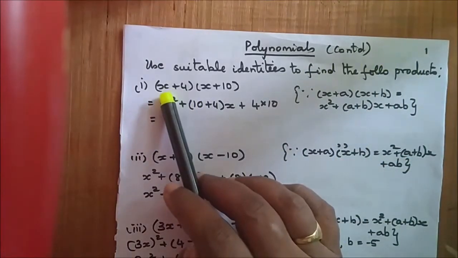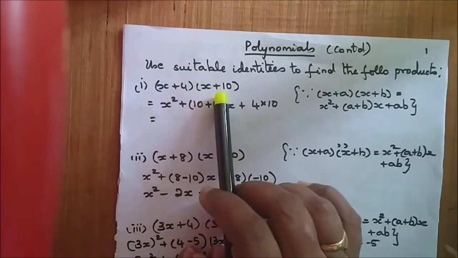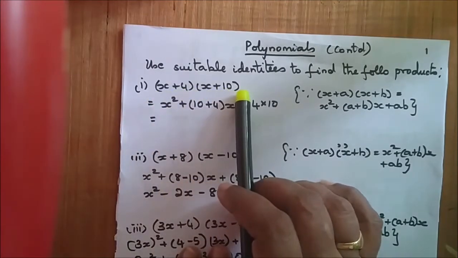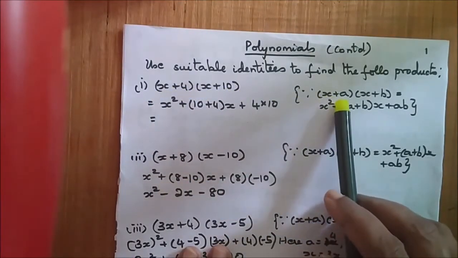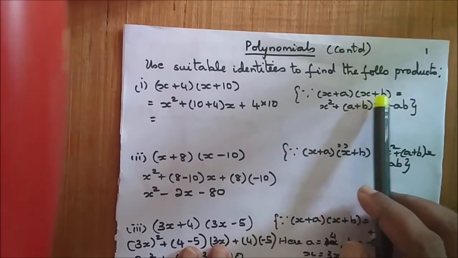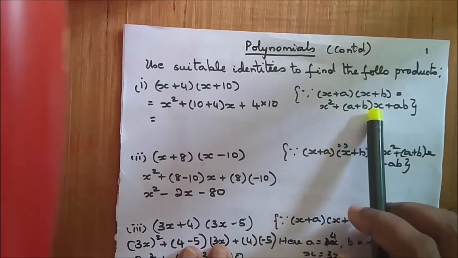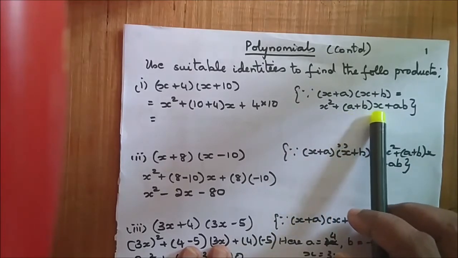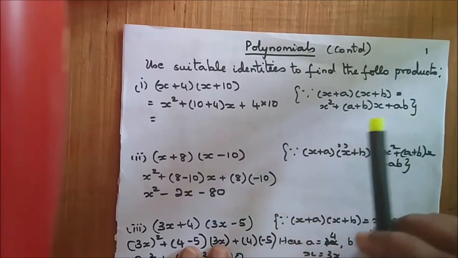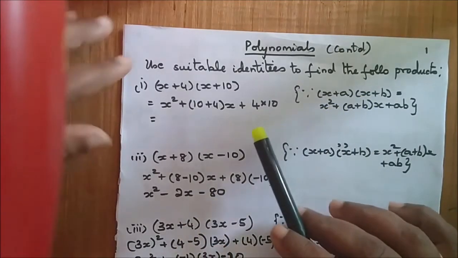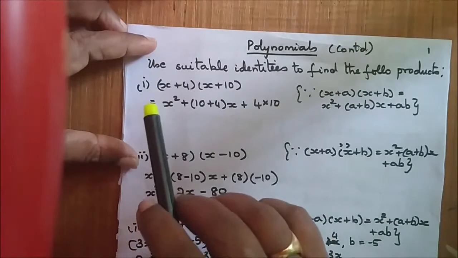I have been given (x + 4)(x + 10). Now, which identity does this resemble? It resembles (x + a)(x + b), which is nothing but x squared plus (a + b) the whole into x plus ab. So I will apply this identity to this sum.